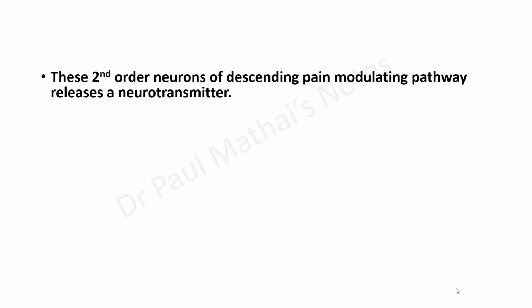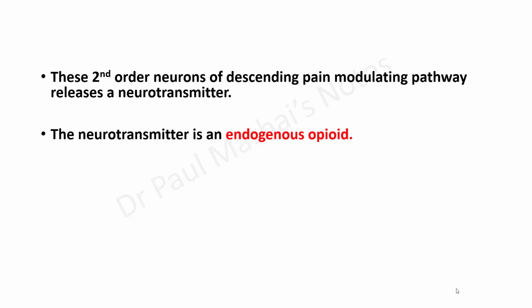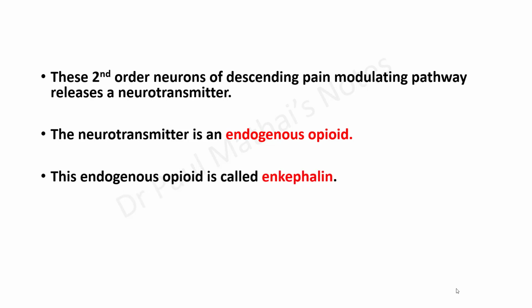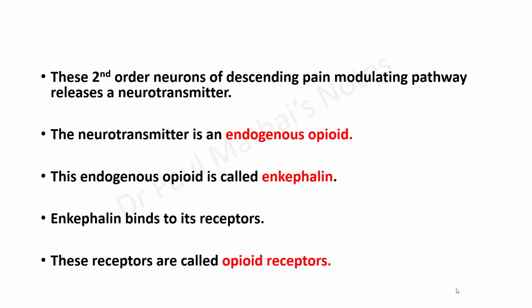Now, these second order neurons of the descending pain modulating pathway release a neurotransmitter. This neurotransmitter is an endogenous opioid. It is present physiologically. This endogenous opioid is called enkephalin. Enkephalin will bind to its receptors. These are opioid receptors.